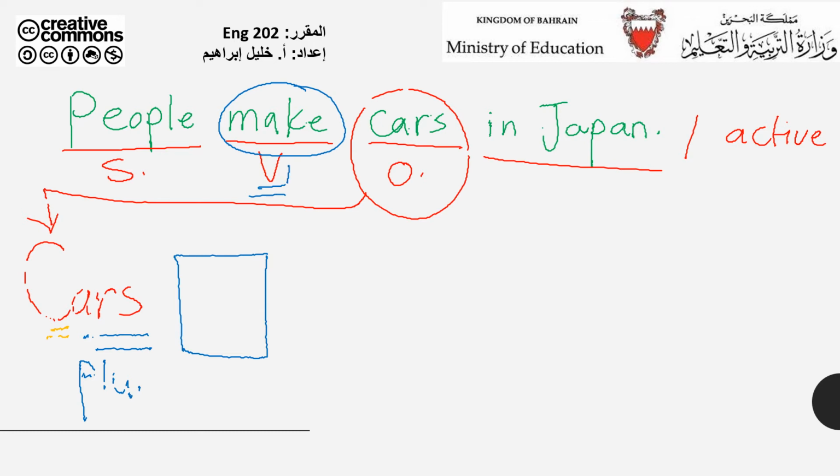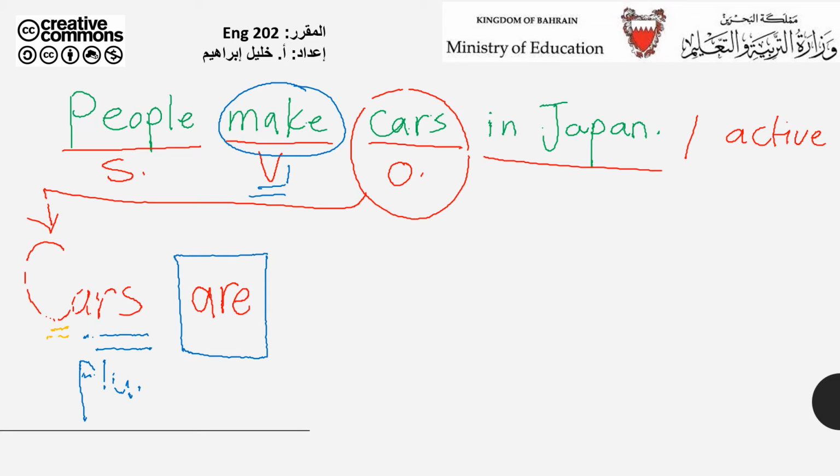If you remember, we use is, are, am in the present, and we use only are with plural nouns. So the suitable helping verb is are. So cars are. Step number 3. This is very important.